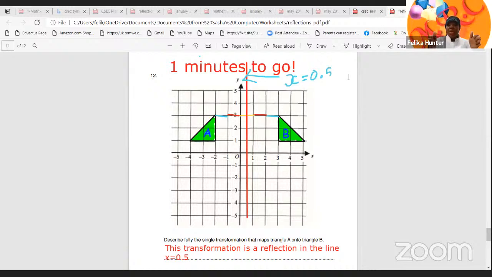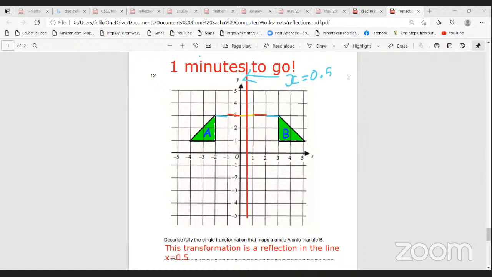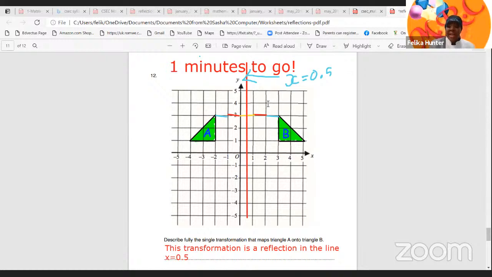So I look at this diagram and ask, which line is halfway between? What's the mirror line? That's why you see me do the steps, to see that this line is exactly between the two. So each must be the same distance from it.